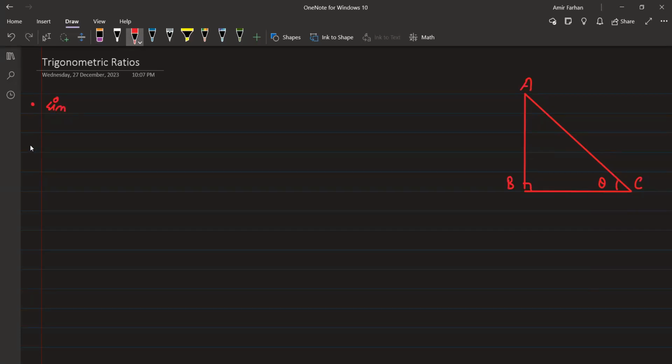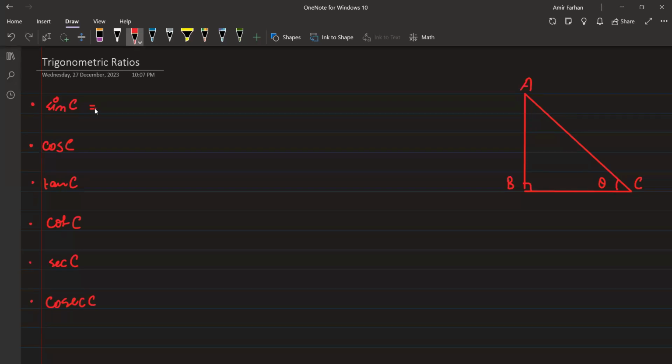First is sine, second is cos, third is tan, fourth is cot, then sec and cosec. Clear? So we have 6 ratios right now. If I'm taking theta as C, I will write C here: sine C. Because I'm taking all the ratios with respect to angle C. Clear, everybody? Yes, sir.